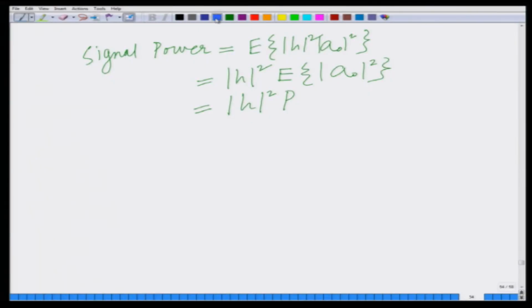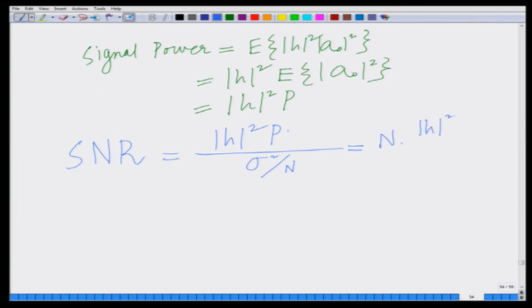Therefore, the SNR, or the signal to noise power ratio, is the signal power, that is magnitude h square P, divided by the noise power, that is sigma square divided by N, which is equal to N times magnitude h square P divided by sigma square.